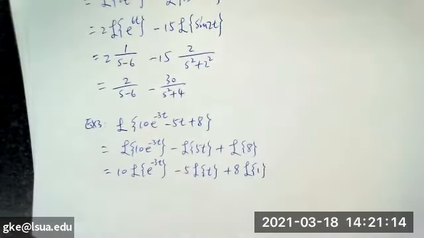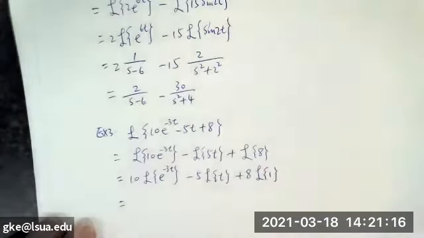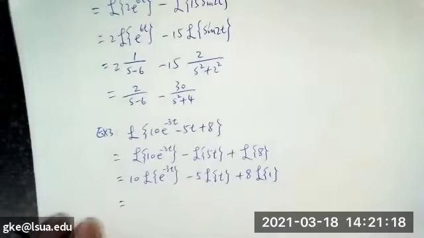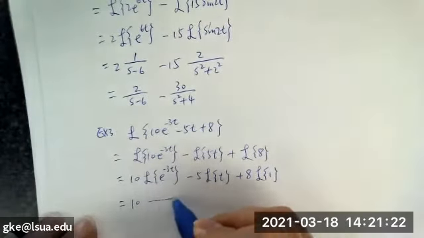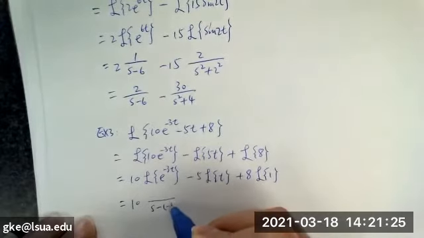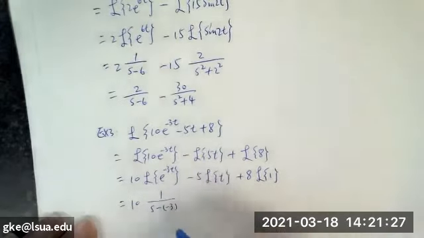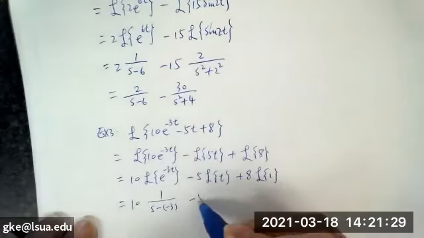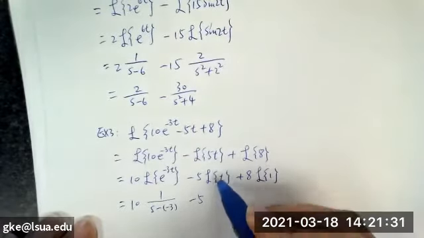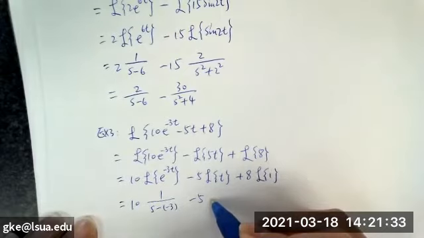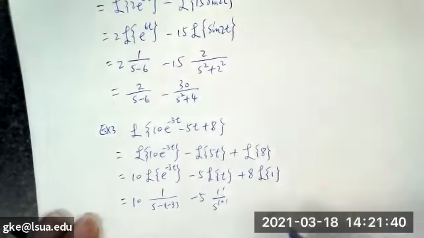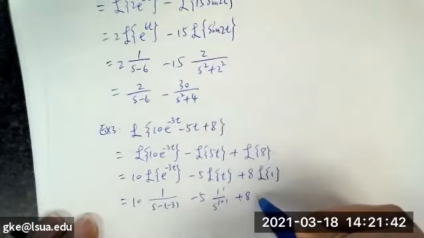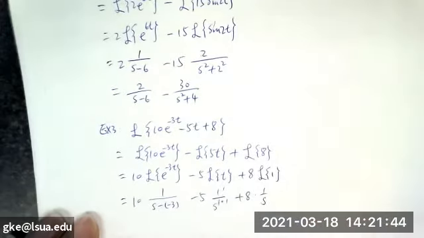We have a is -3. Here's a t. So we're gonna have 1 factorial over s squared.